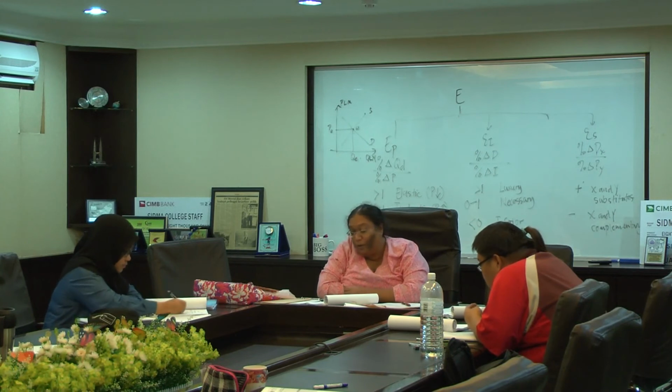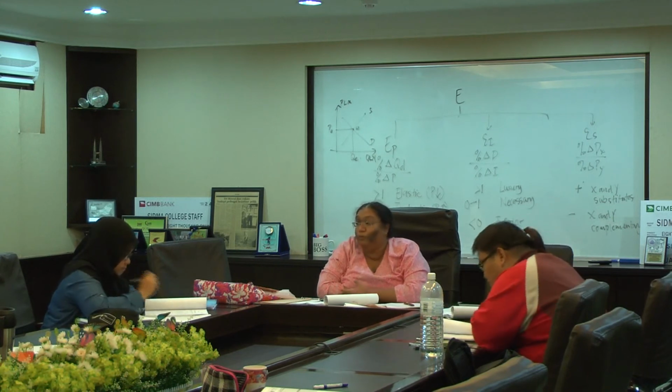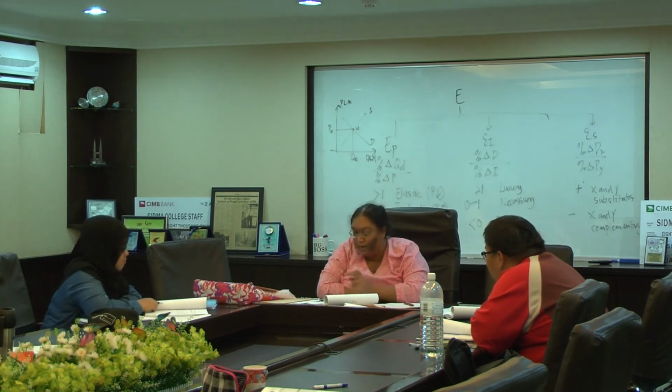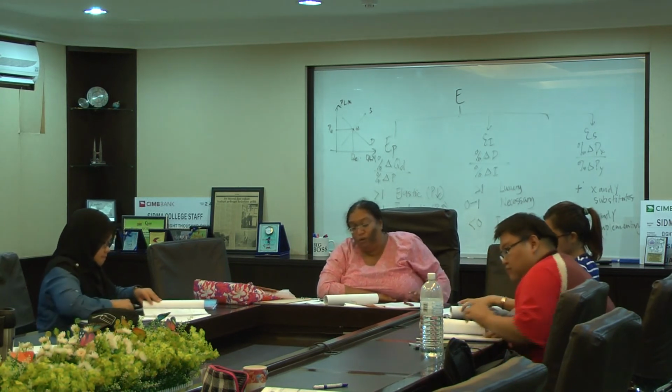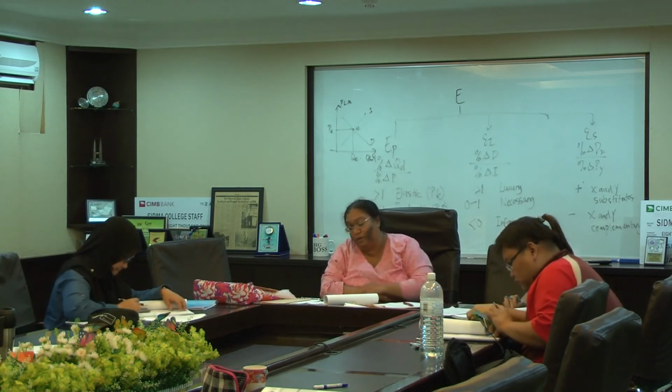Now they want to know the market demand. Individual A, B, C, D, E make up the market demand. So how to get the market demand? You group, add them up. Can you do that for all the prices, for supplier and also consumer?